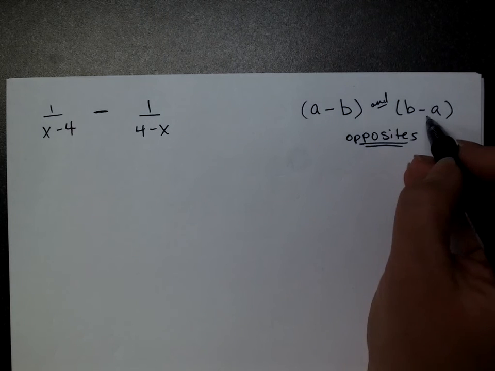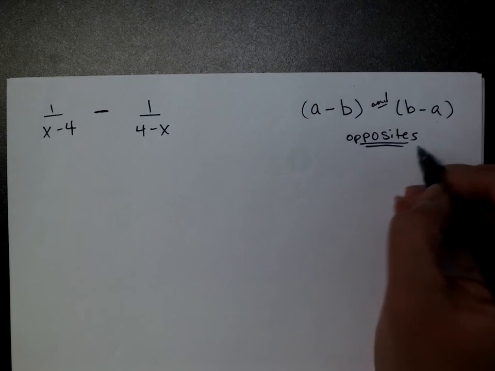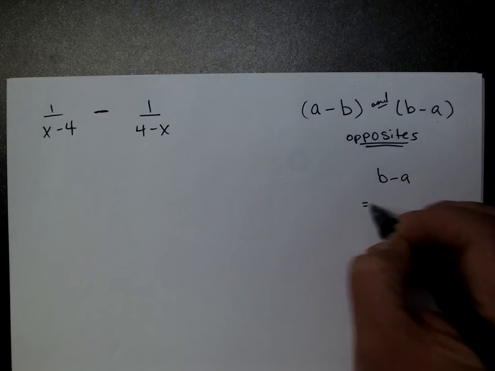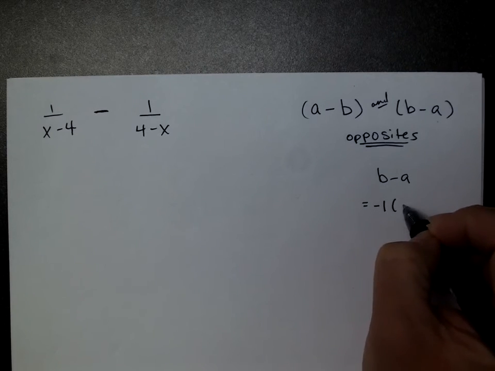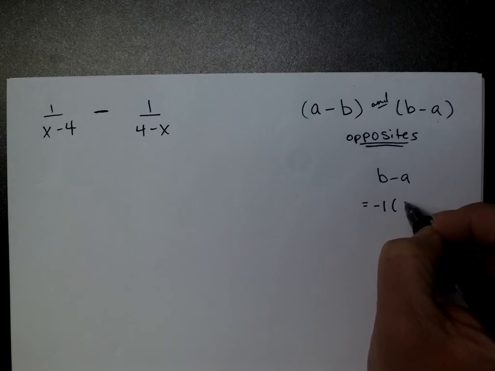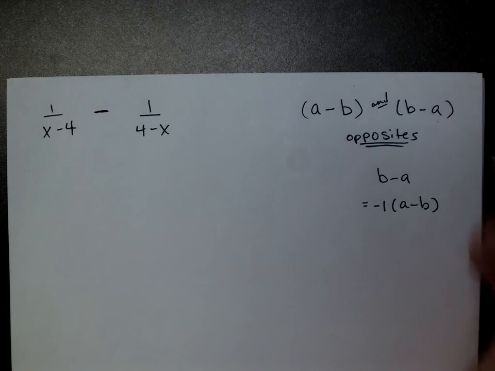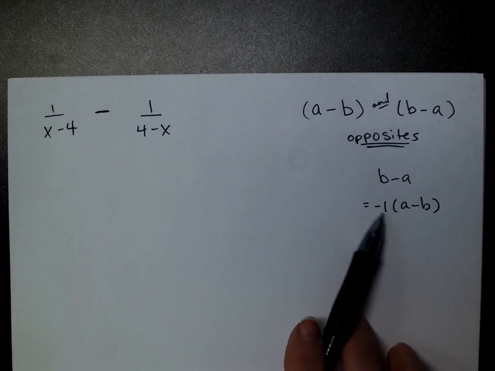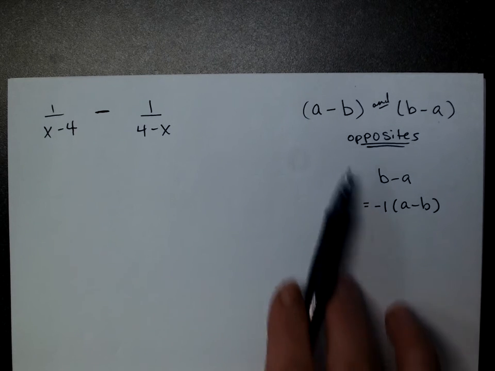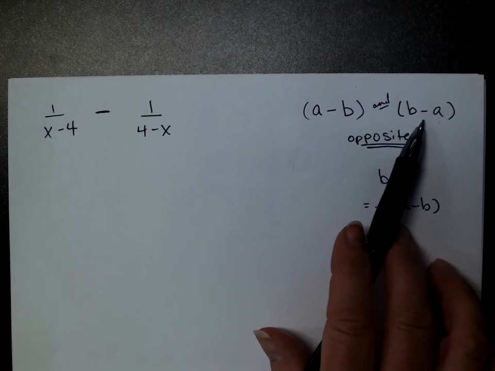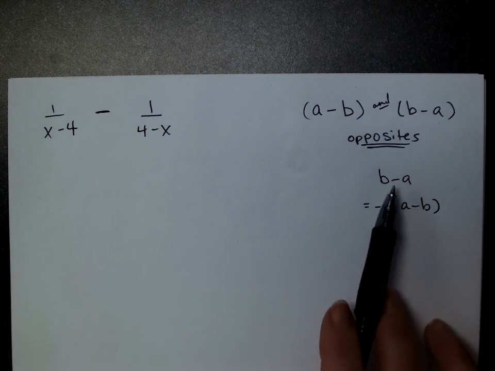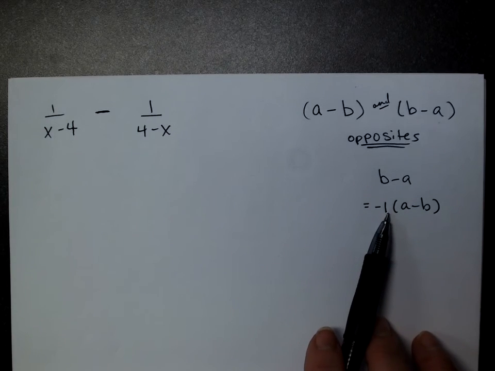So b minus a is equal to negative 1 times a minus b. We can make opposites match as long as we factor a negative 1 out of one of them. That's a legal move.